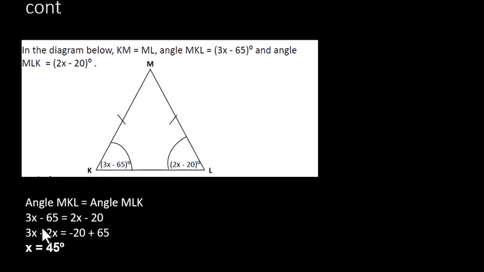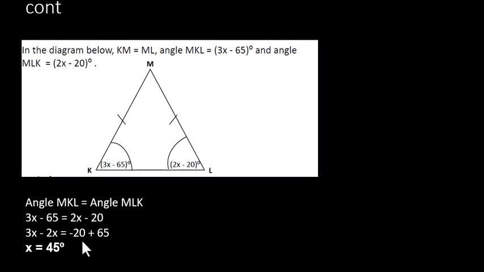So from here we collect the like terms. The 2x will cross the equal sign and it becomes positive, so it's going to be 3x minus 2x. Then this 65 crosses the equal sign and becomes positive. When we subtract 3x minus 2x, we get x.